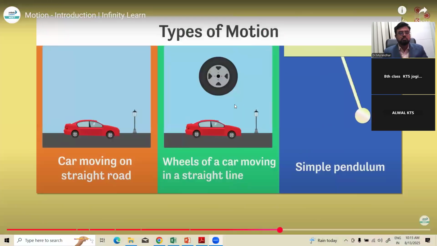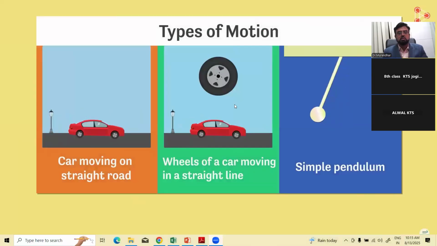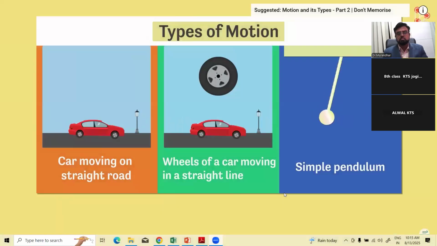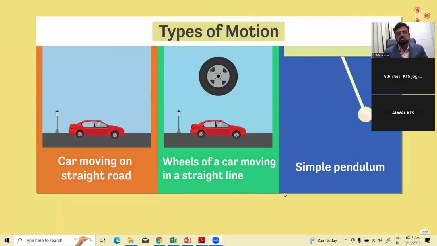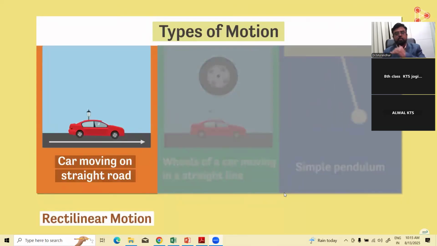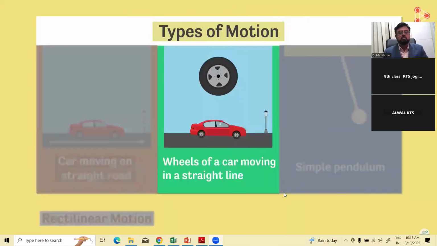Here are a few examples of motion in our everyday life. Go through them well and tell me what type of motion each one of them represents. And note that one example could also have more than one type of motion. The first one is clearly rectilinear motion. It's a car moving along a straight line. The second one is interesting.